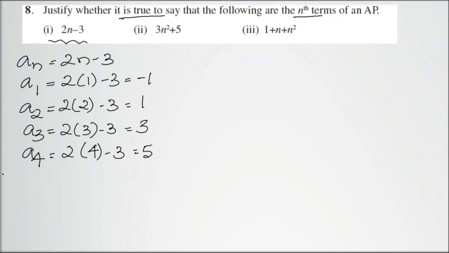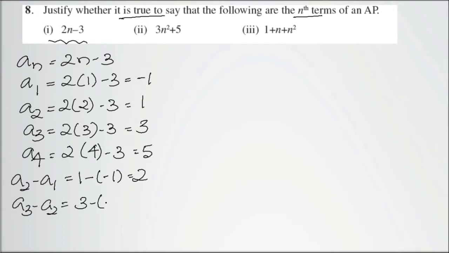Here a2 minus a1 will be 1 minus of -1, nothing but 2. a3 minus a2 will be 3 minus 1, which will become 2. a4 minus a3 will be 5 minus 3, again 2.